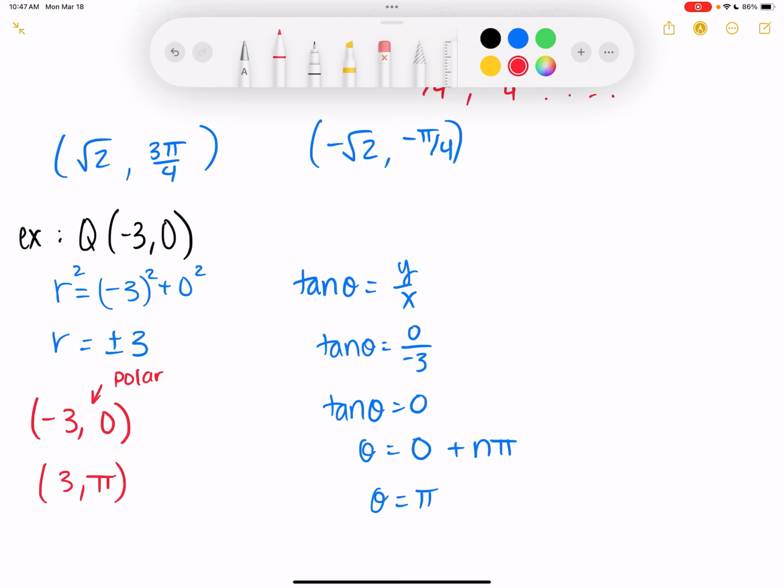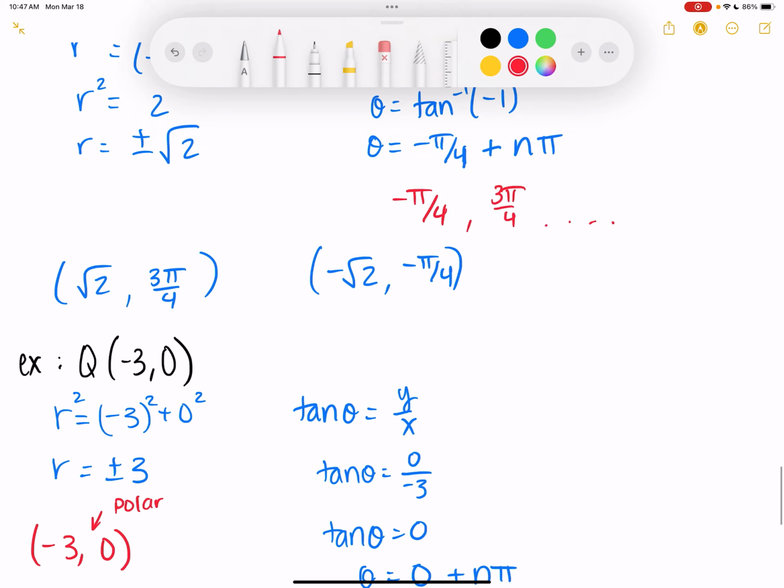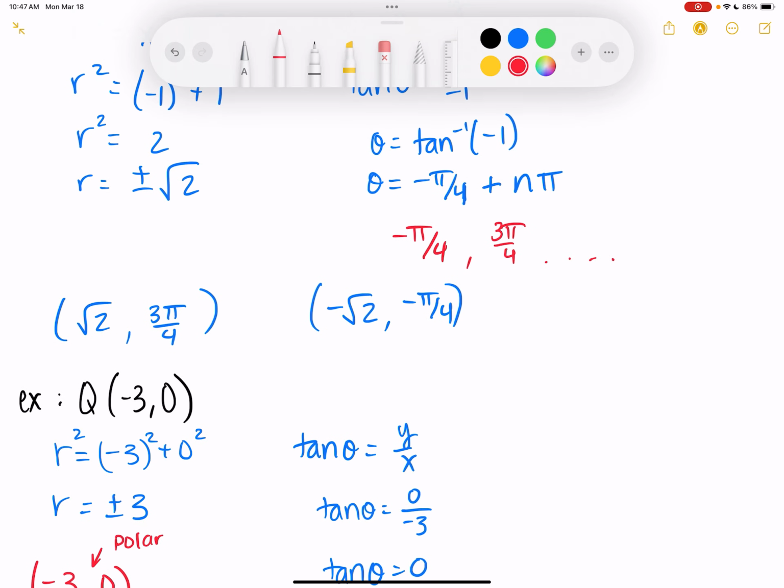I mean, what the book says is that for this one, they said we use the angles negative pi over 4 and negative pi over 4 plus pi, which is 3 pi over 4, because P is on the ray opposite the terminal side of negative pi over 4.